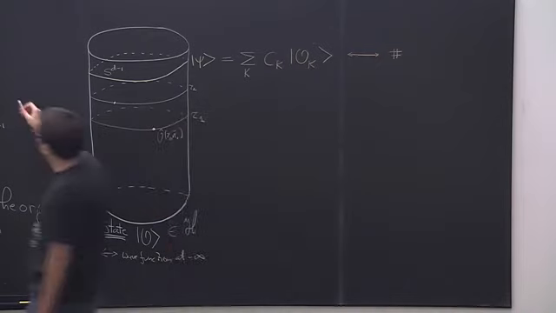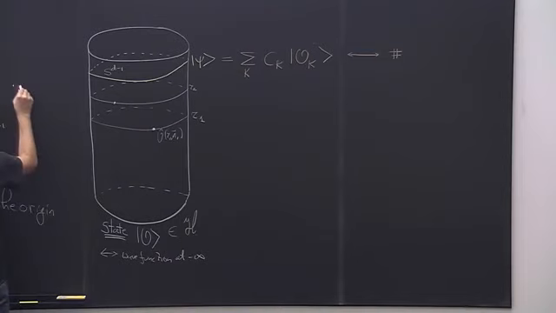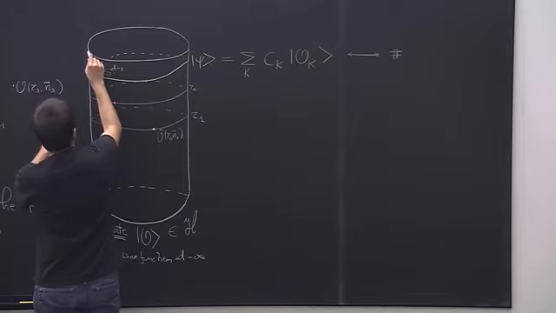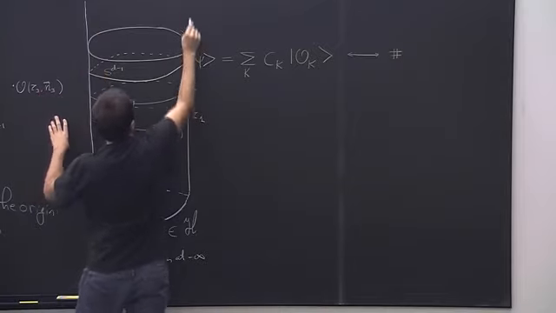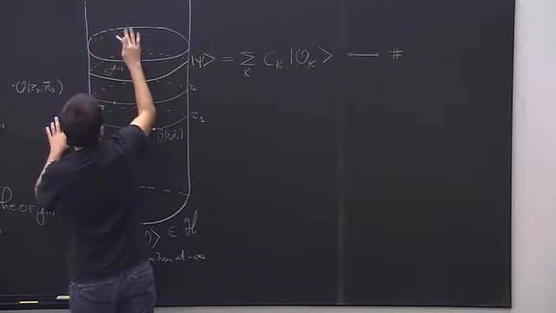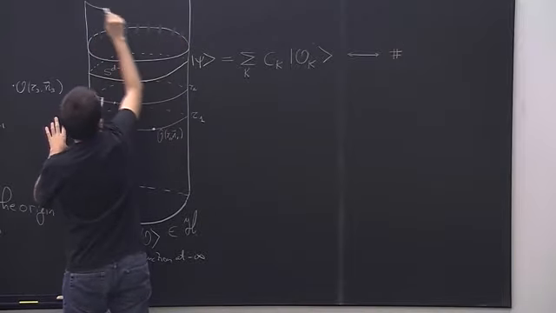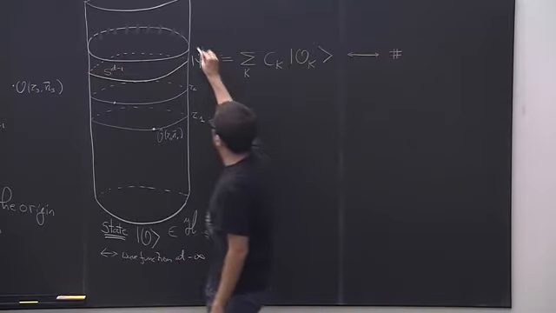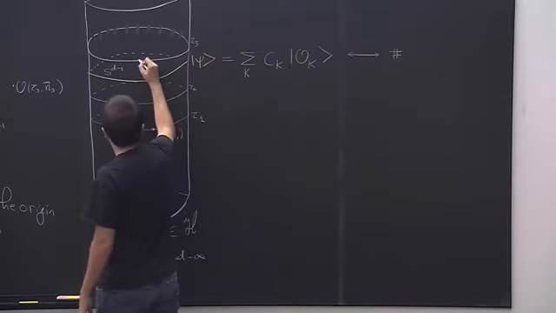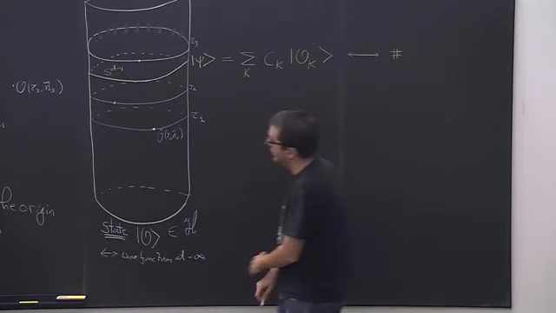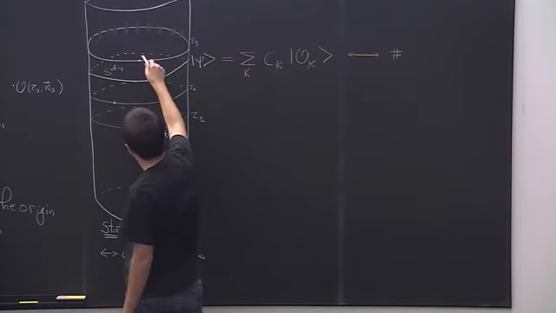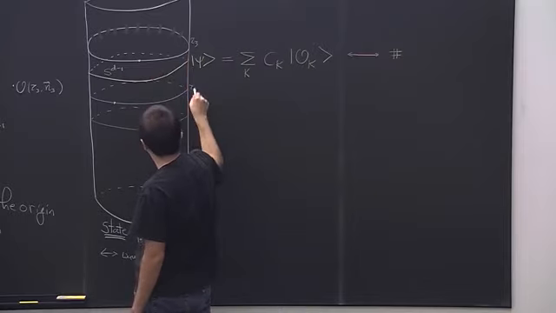Similarly, suppose there is an operator O_3 at some tau 3, further up in this cylinder. This tells me that this expansion is valid as long as tau 3 is bigger than tau 2.